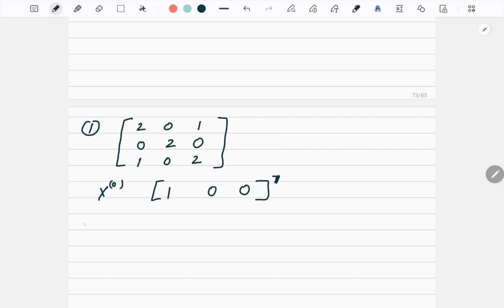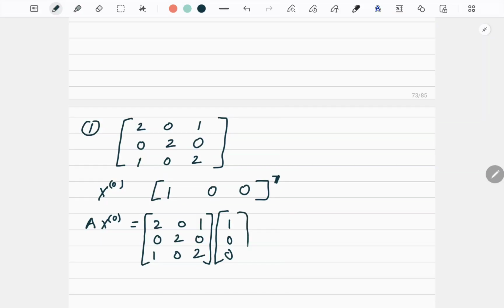Now step 1. As I said, I will do A x0. Now what is A? A is 2 0 1, 0 2 0, 1 0 2. What is x0? x0 is 1, 0, 0. Now I will multiply this. As I said, practice it on the calculator.